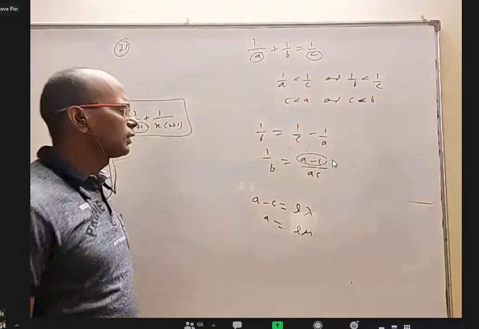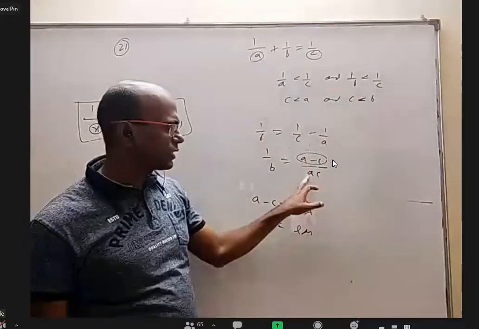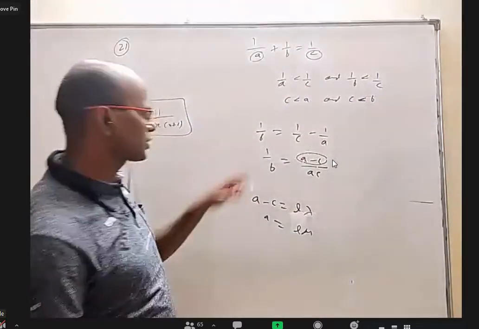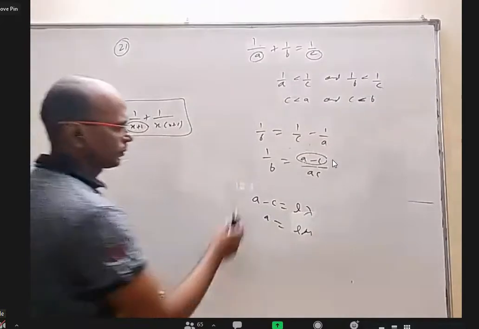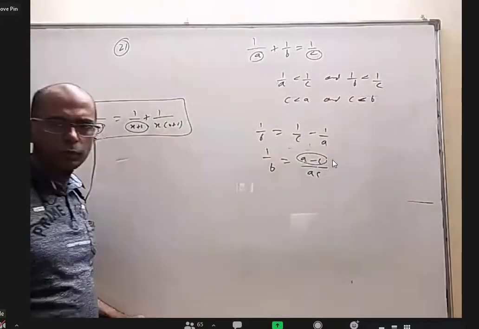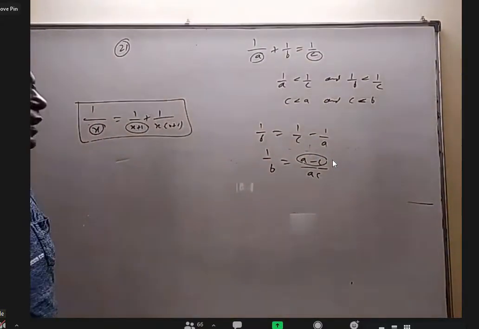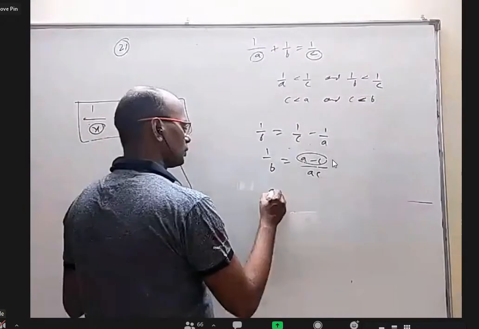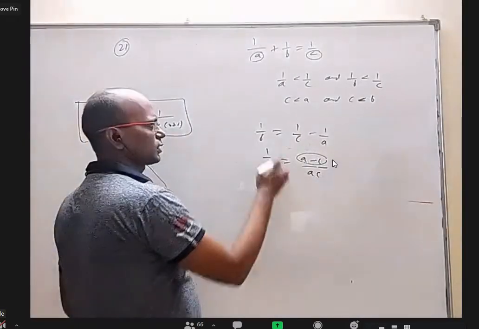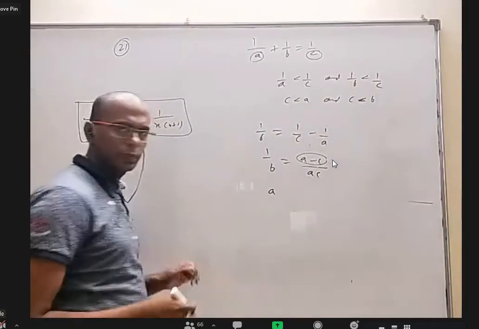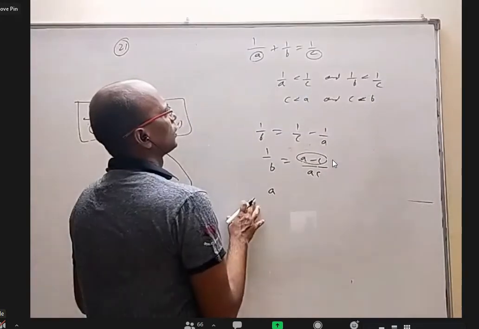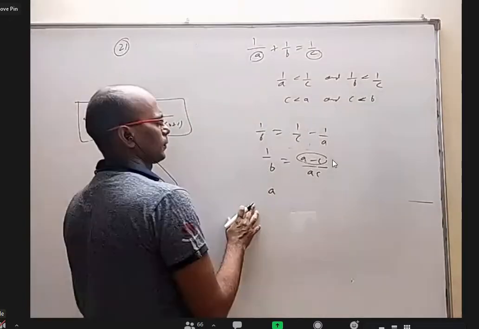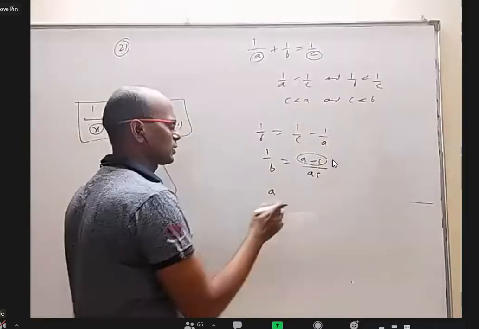Okay, then if it is not getting cancelled with here or here, but still I want the numerator 1 only. I don't want anything else. So what should happen? A minus C should be 1. Yes. So first of all, A minus C should be positive because this is positive. Anyway, we already proved A greater than C, so A minus C is positive. That's okay.